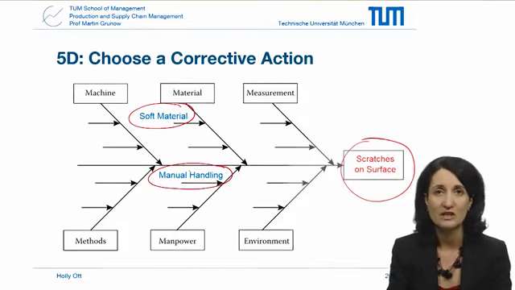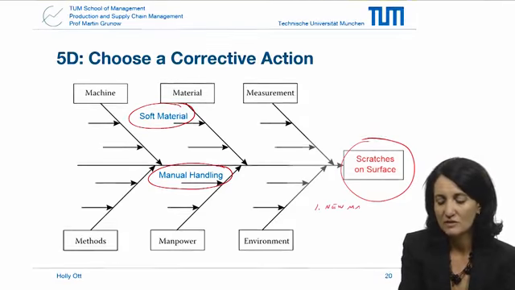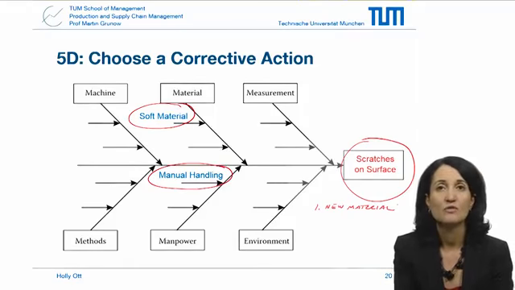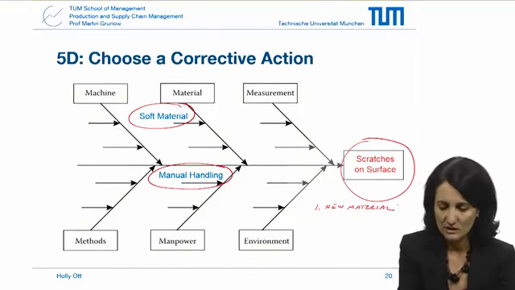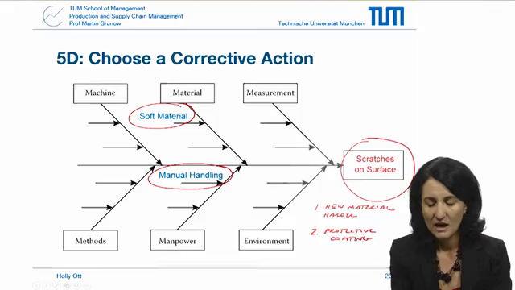And we also notice that we do a lot of manual handling. So for corrective actions, we could consider, for example, changing the material. We used a new material that was not as soft. That would then remove the cause. We would use a new, harder material or scratch-resistant material. On the other hand, we could also, for example, put a protective coating on the surface. Now that would require an extra process step.